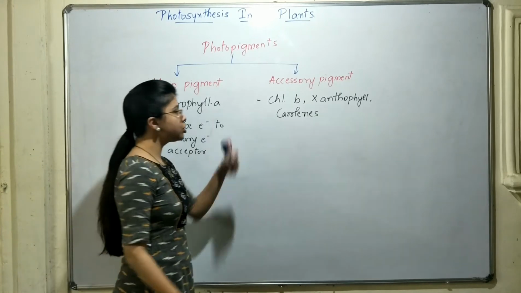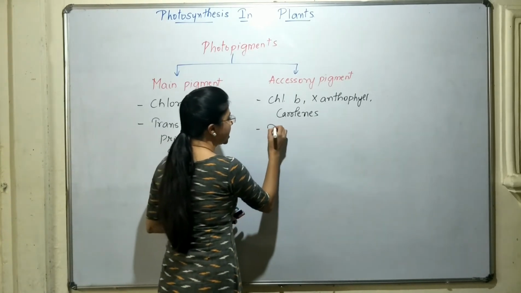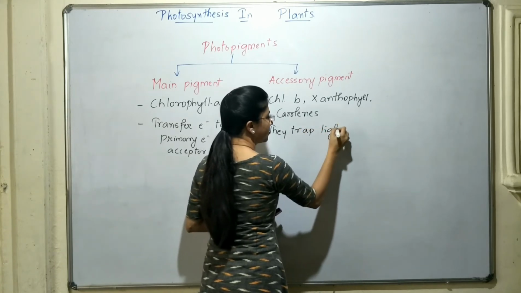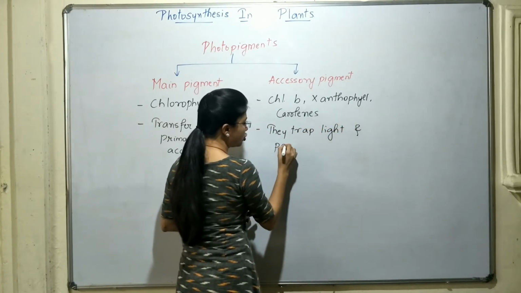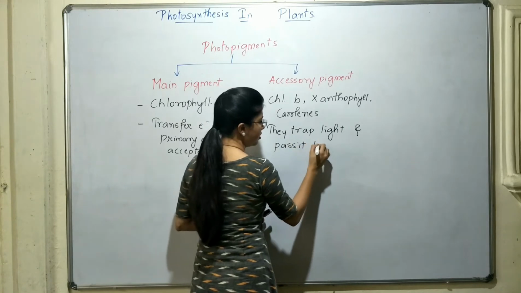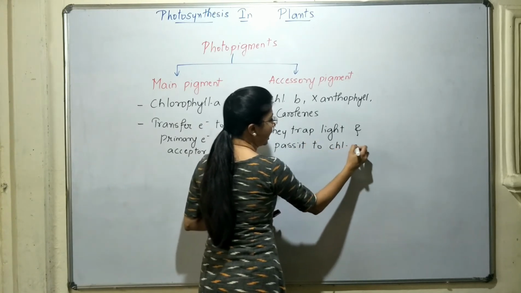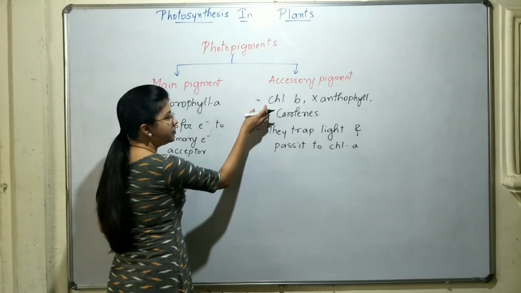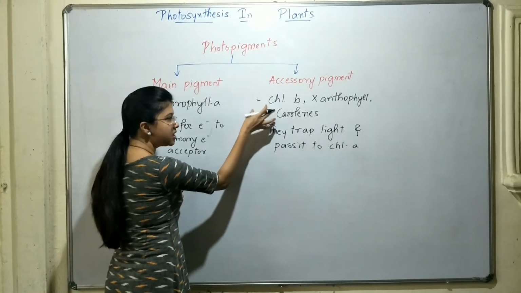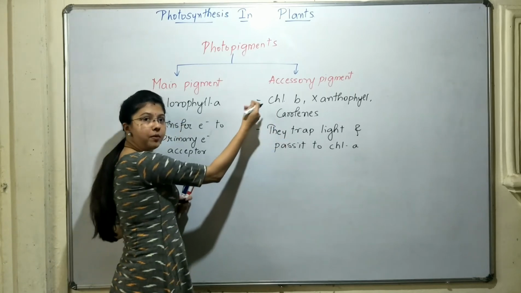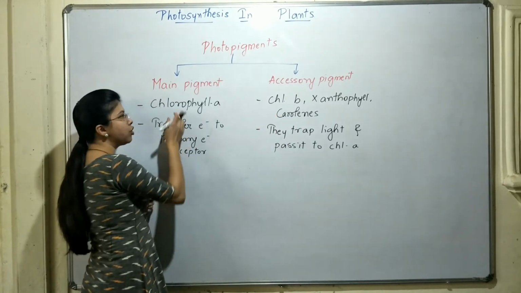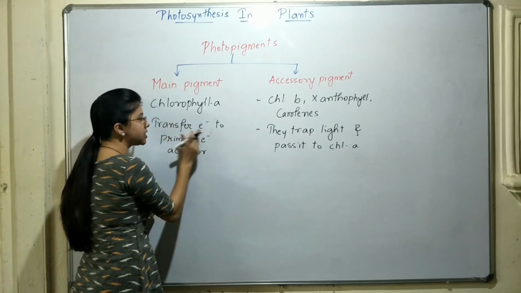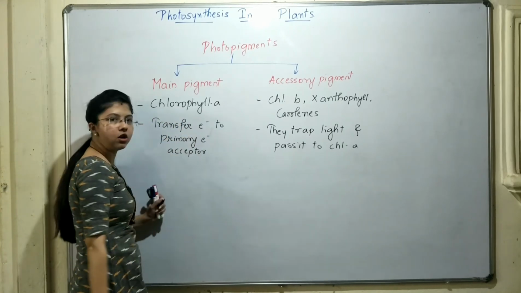Whereas the function of the accessory pigments will be that they trap the light and pass it on to chlorophyll A molecule. Basically, these help in trapping of the light, and ultimately the light absorbed by the accessory pigments is transferred to the chlorophyll A molecule, which will get excited and transfer the electron to the primary electron acceptor.